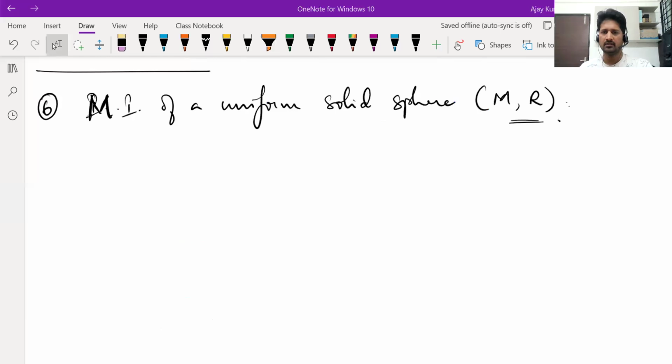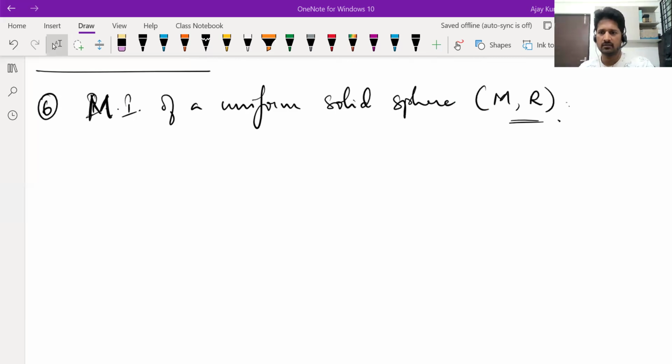Sir, continuous hollow spheres. We can treat it as a collection of hollow spheres.